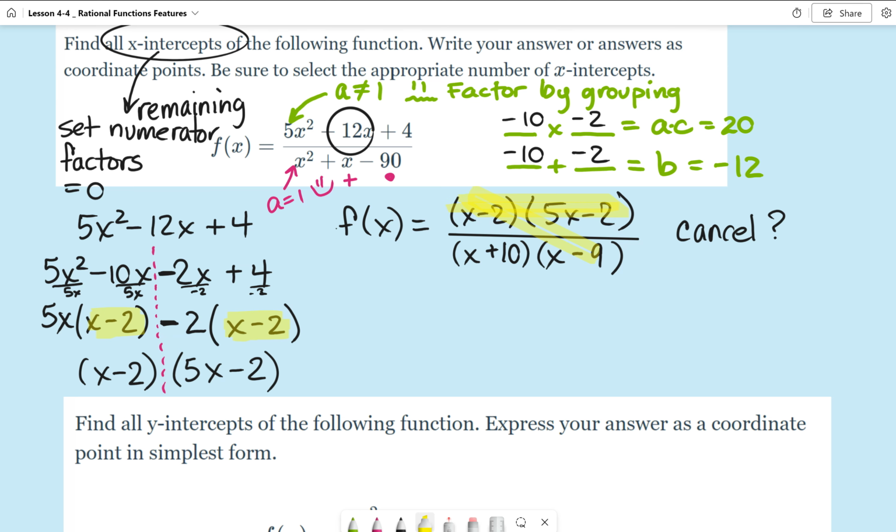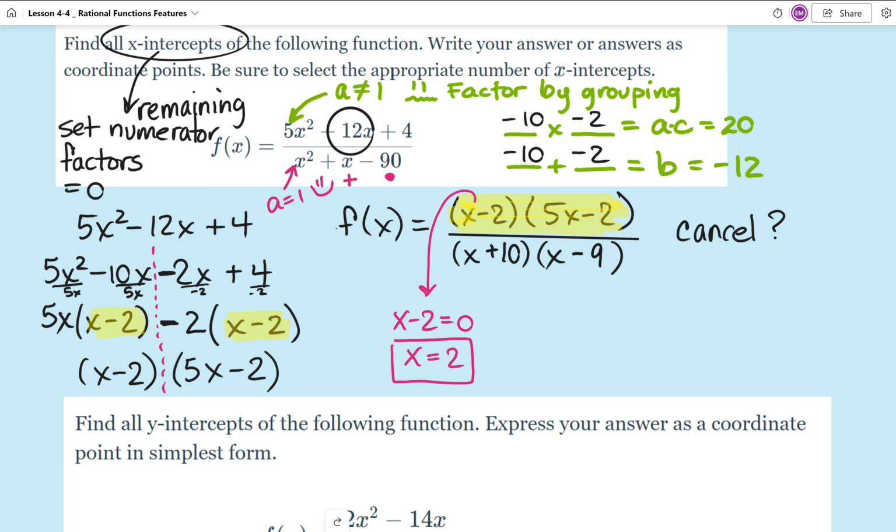My numerator factors are those. So I am just going to take those values, this one right here, set it equal to 0. I hope by now you guys see the pattern that we constantly are doing. X equals 2.